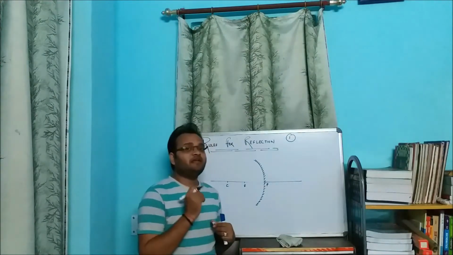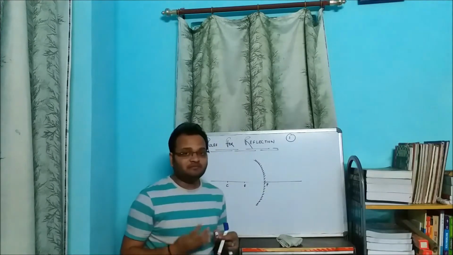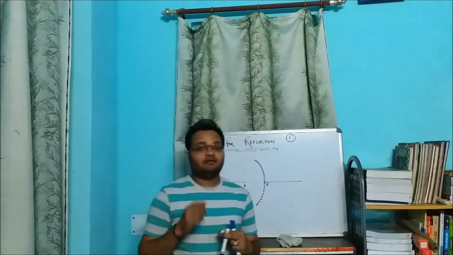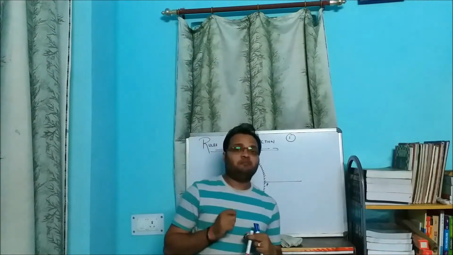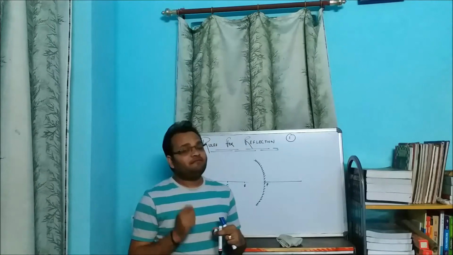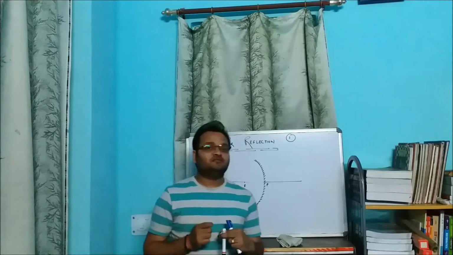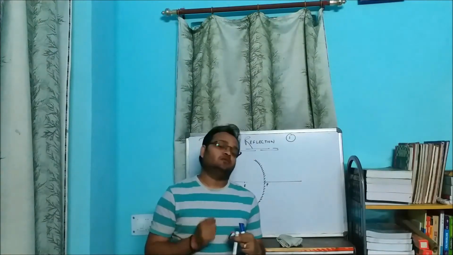If we take some of the rays of light in focus, then there are four beams which are generally represented in the ray diagrams. Ray diagrams are the most important topic of this reflection. So please students, every year it comes in the exam, either in the school exam or the board exam, you need to be thorough with ray diagrams.